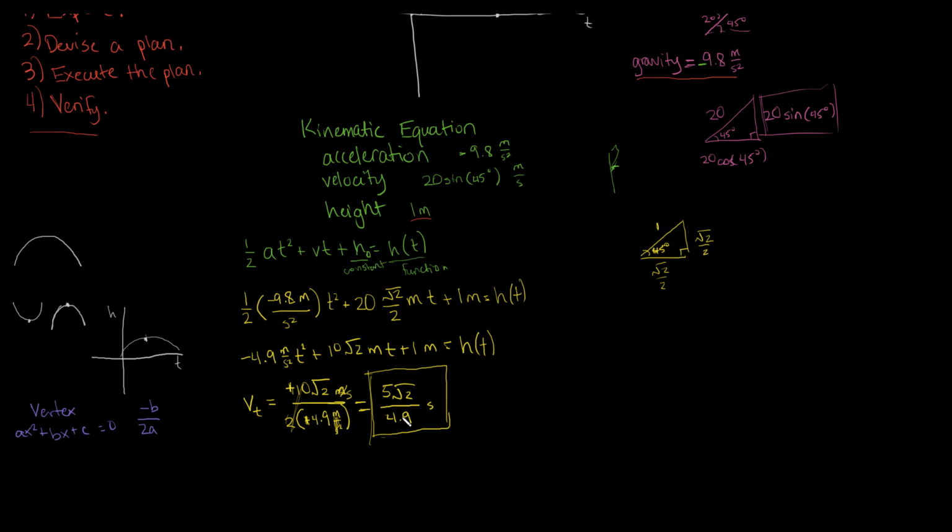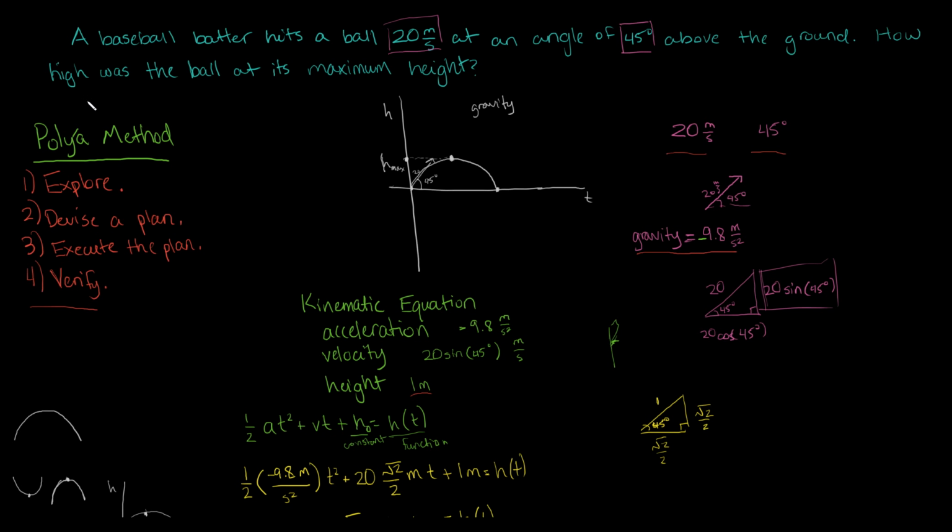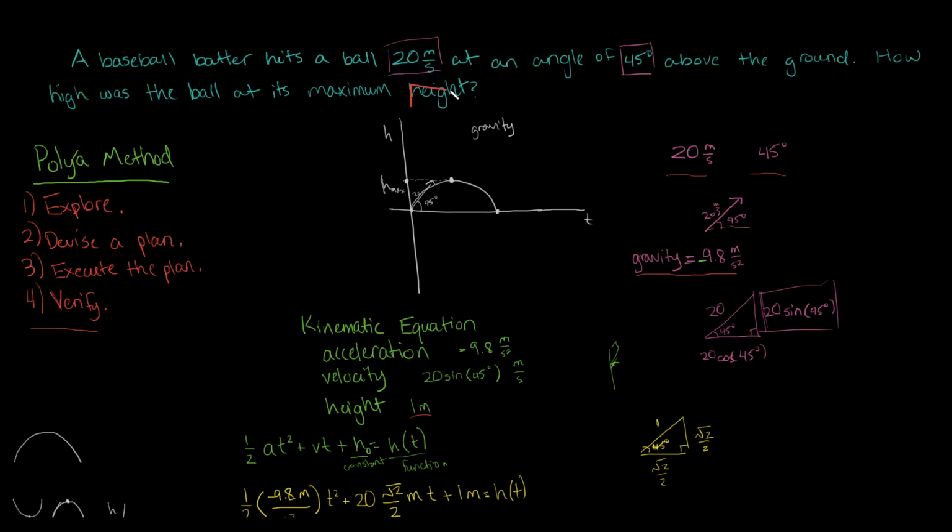Well, 5 divided by 4.9 is about 1, and the square root of 2 is about 1.4. So we could say that our answer is about equal to 1.4 seconds. And there are two things initially that are very wrong with this answer. First of all, we are giving a measure of seconds, whereas the problem was asking for how high the ball was at its maximum height.